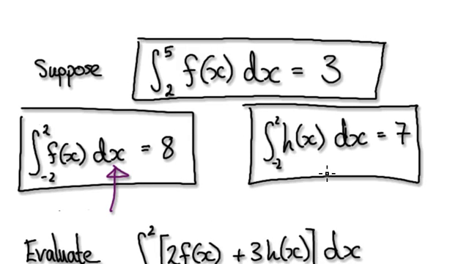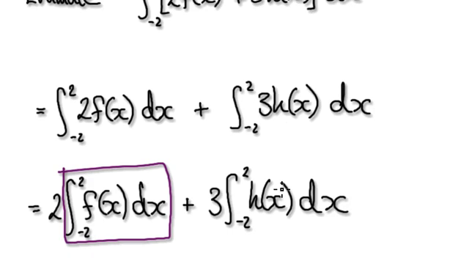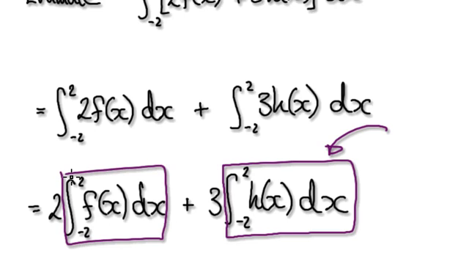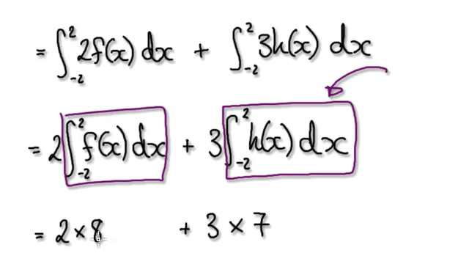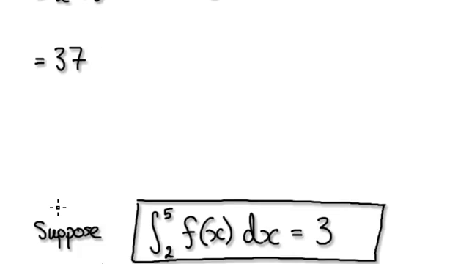Okay, and then the integral of h of x from minus 2 to 2 is this block here. So we were given this block and we were given this block here. So then now just put it into here, and then work it out. It equals 37. Okay.